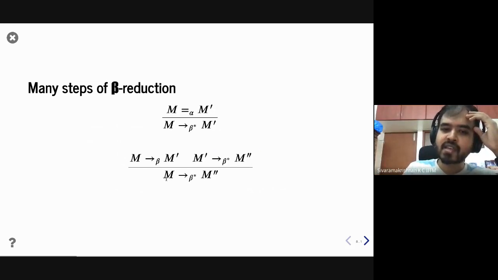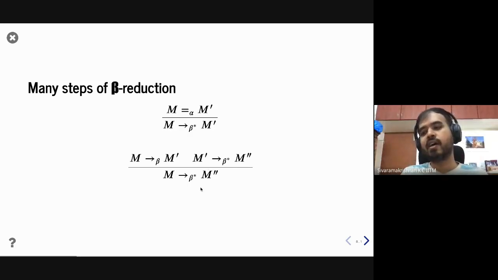Right? Which just says I can go from the lambda term m to m prime in multiple steps of beta reduction if I can go from m to m prime in one step and m prime to m double prime in multiple steps. If you study transitive relations, this is precisely one definition of how you define transitivity.